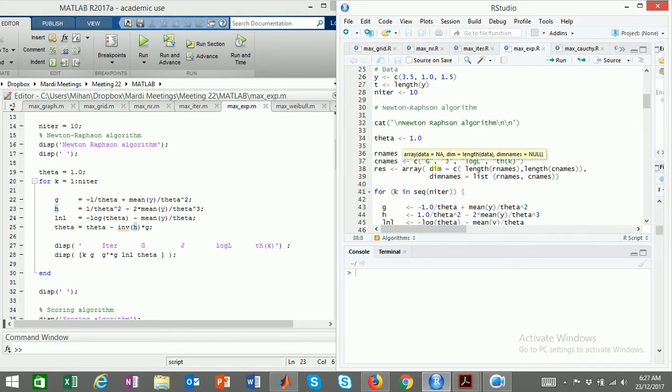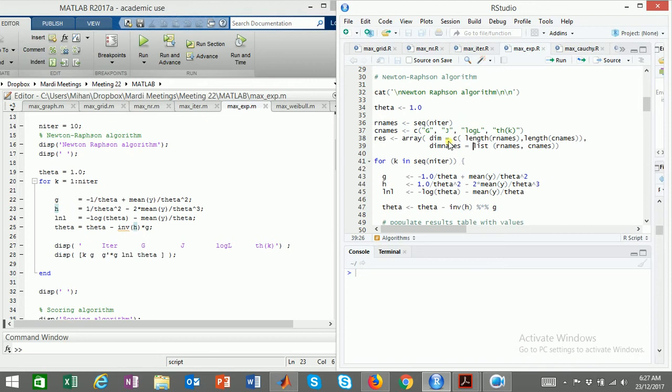We are creating a residual array with the dimension. Okay, what is res? I'm not sure. Passing something to res where I'm creating an array with the row names and the column names. So I'm still stuck in this.